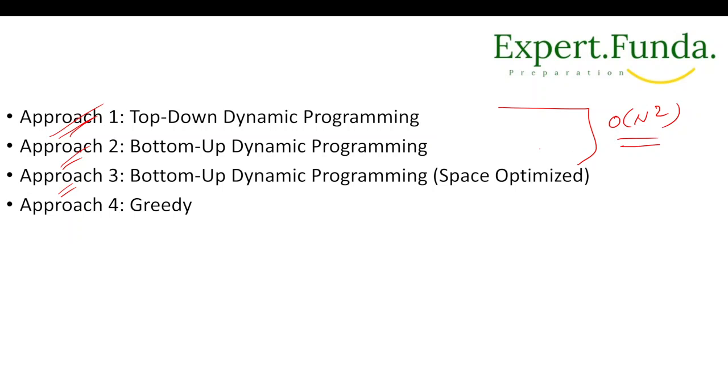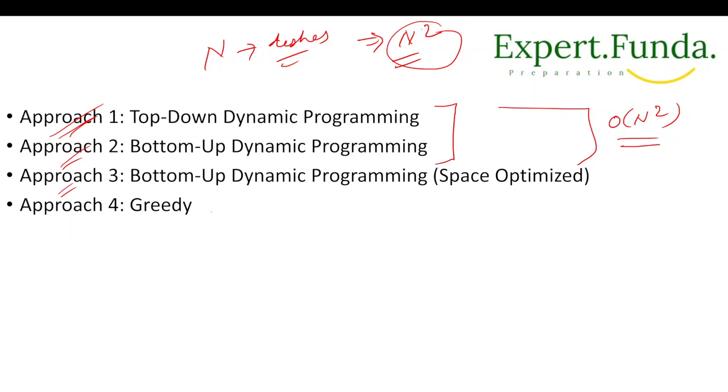Why? Because if n is the number of dishes, we go through all the dishes and check all the possible states, and all the possible states become n square. So the DP approaches take time complexity of n square.